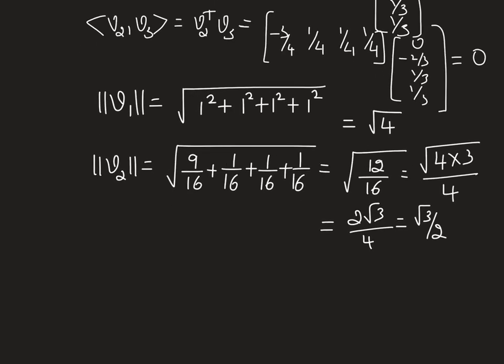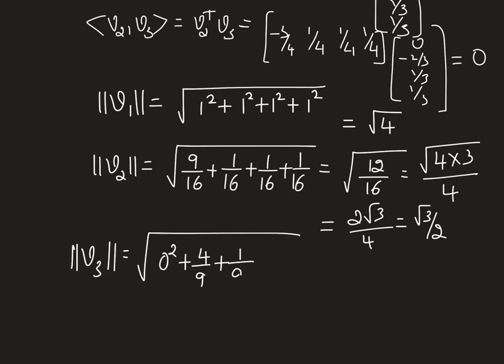Next we take the norm of V3, that is the square root of 0 square plus 4 by 9 plus 1 by 9 plus 1 by 9, which is 6 by 9, root 6 by 3. Root 6 can be written as root 2 into root 3, so you can write it as the square root of 2 by 3.